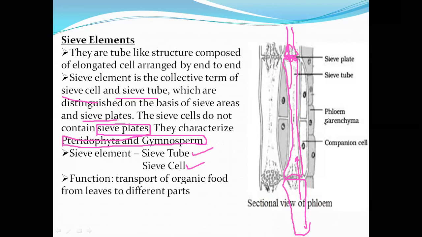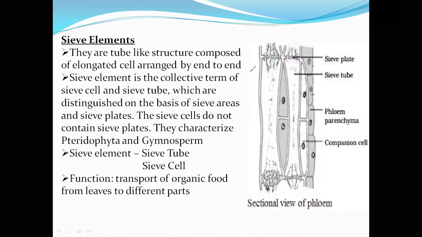So the main function of sieve elements, whether tube or cell, is the transport of food material from leaves to different parts of the plant. Clear? So this is the first one.